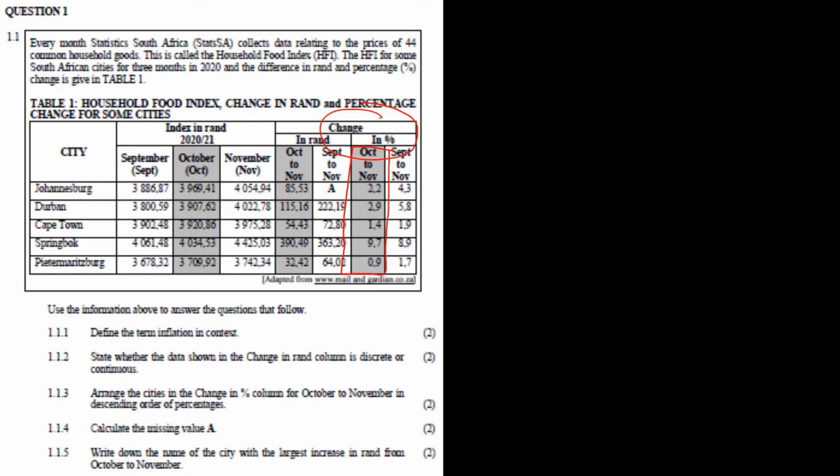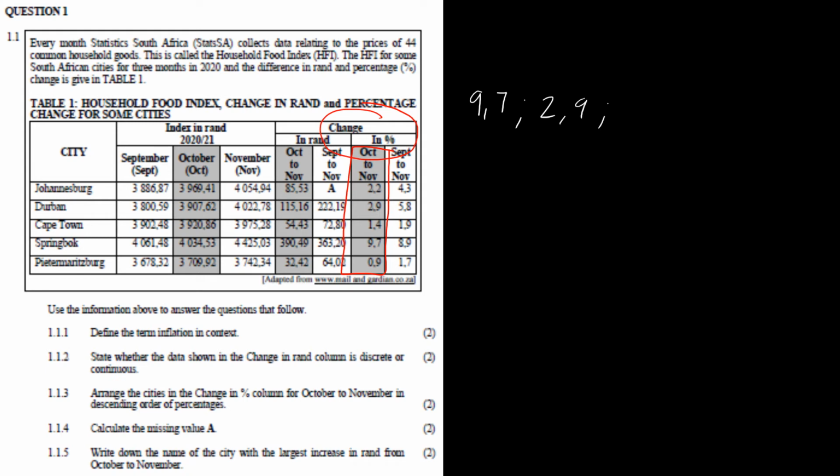Descending order, I normally tell the learners, it goes with downhill. Starts with D, downhill, descending. So in order for us to move downhill, we go from the highest point to the lowest point. So descending order. We'd start off with 9,7 as our first amount. Thereafter we have 2,9.